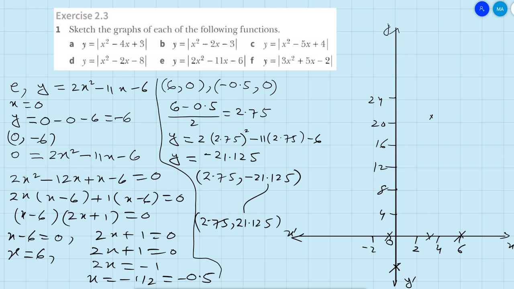Now just join these points. This is not a cross, this is just a line. Now plot these points.